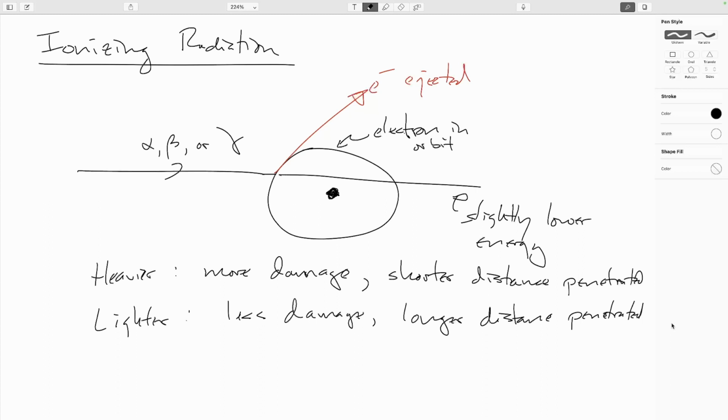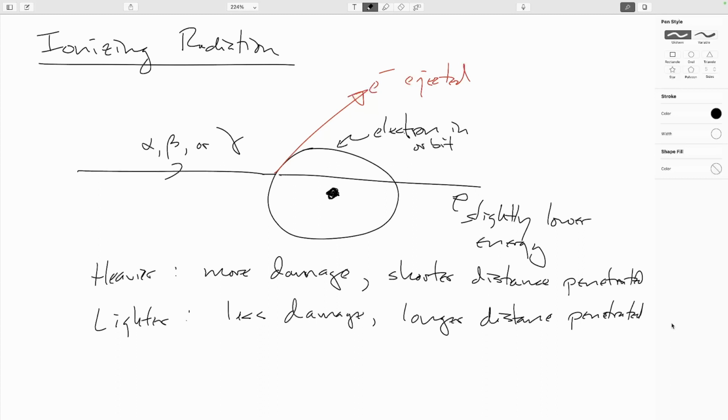That's why, for the most part, with the exception of radon, we tend not to get too stressed out about alpha emitters, unless you've got open cuts on your hands or something like that.